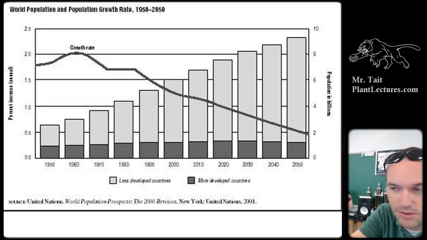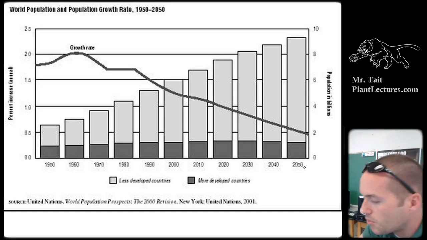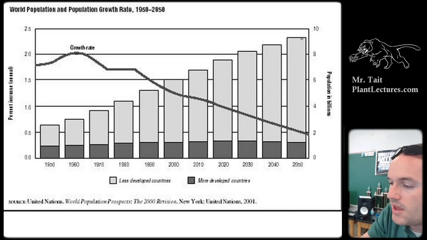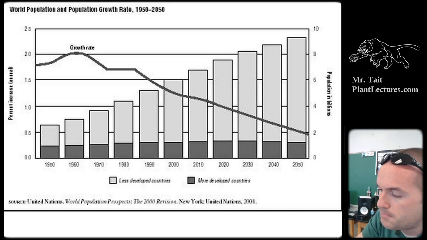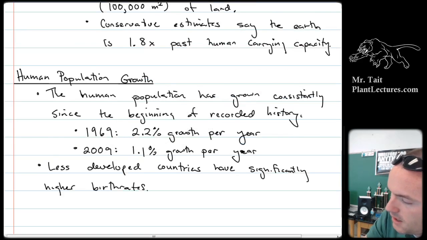This extrapolation is saying if we continue to lower the death rates, maybe by 2050 we'll have lowered them to something comparable to a developed country. But if we don't change the birth rates, this is going to be the growth rate, which is a lot, right?